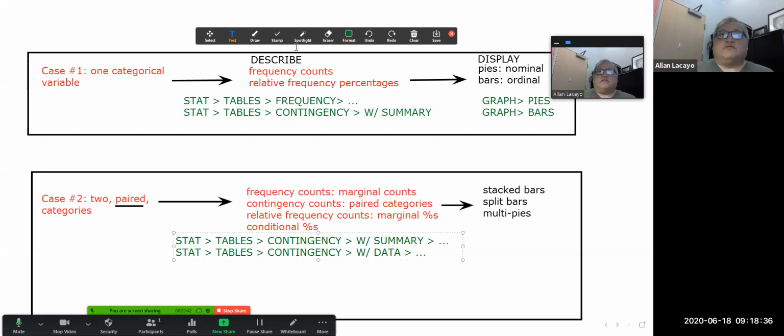And the graphing tools that we're going to be using are Graph, Chart, of columns of data.